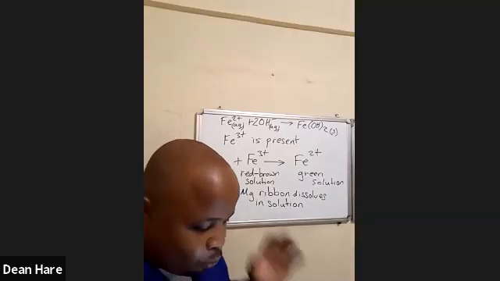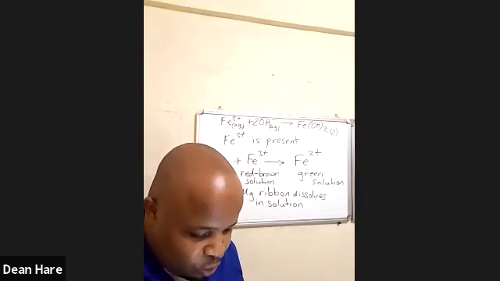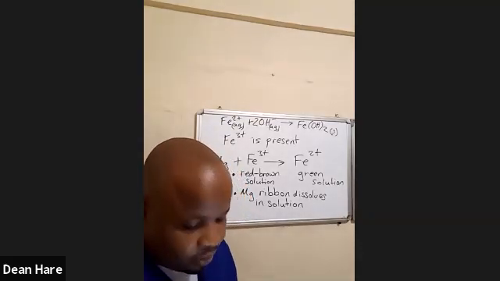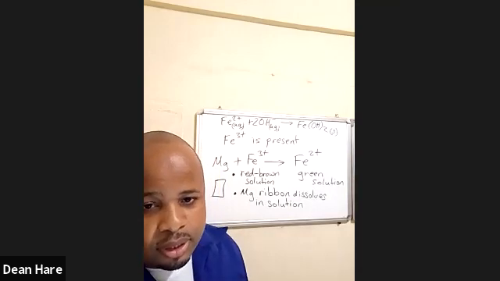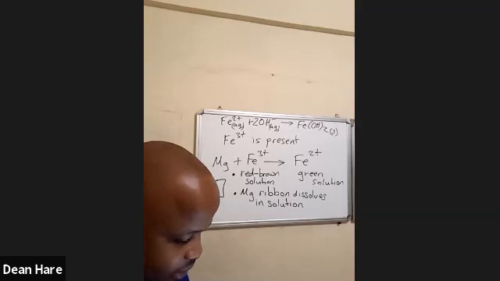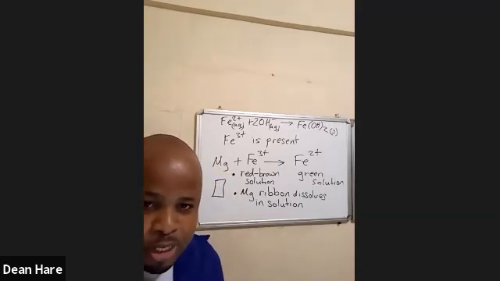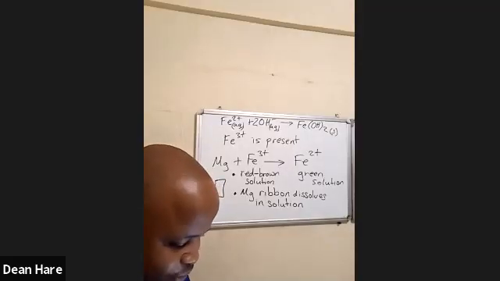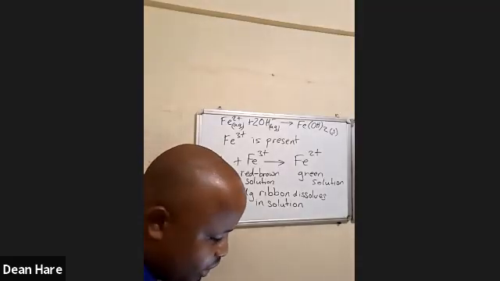Now, if sulfate was present, what would have been our observation? White precipitate. White precipitate, that is correct. But since no precipitate is formed, is the sulfate ion present? No. So the sulfate ion is not present.